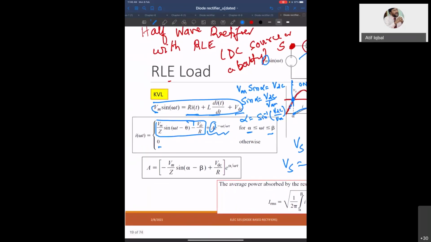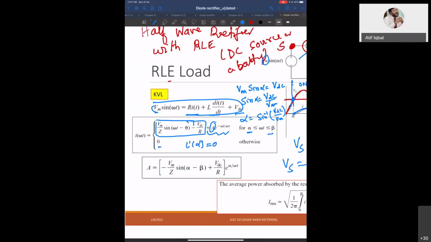Now, to get the value of A, how do you get the value of A? You see, when you put I at alpha, it is zero. I at alpha is equal to zero.